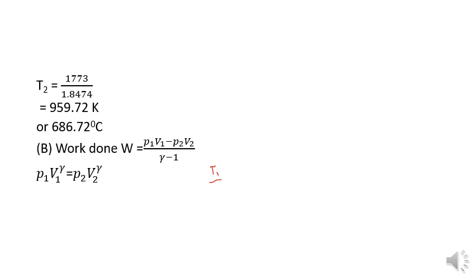T1 by T2 is equal to V2 by V1 whole power gamma minus 1.